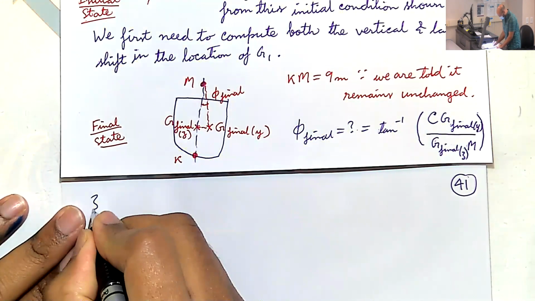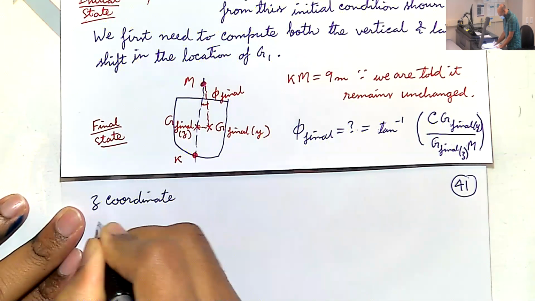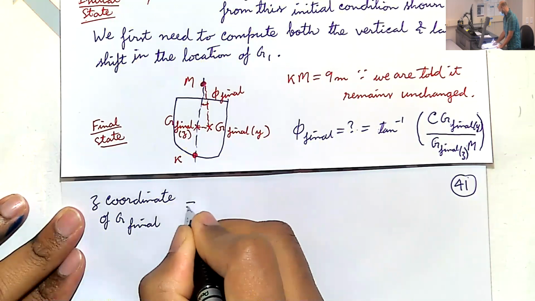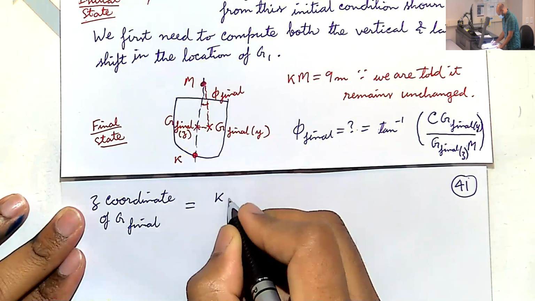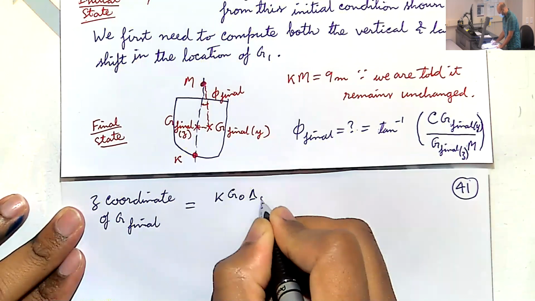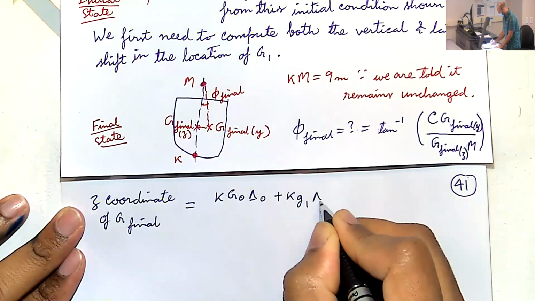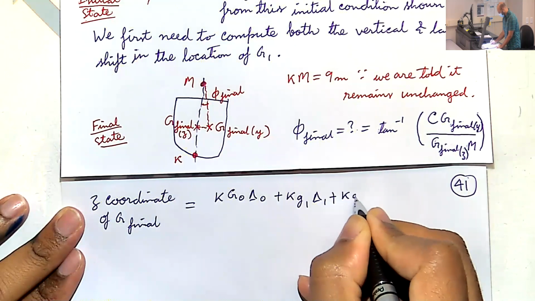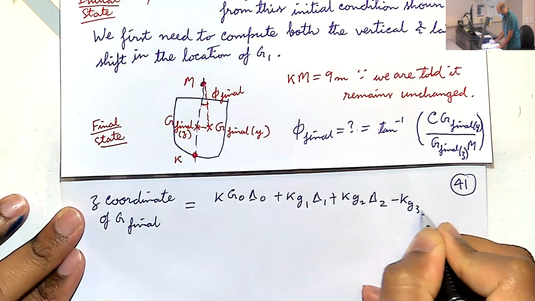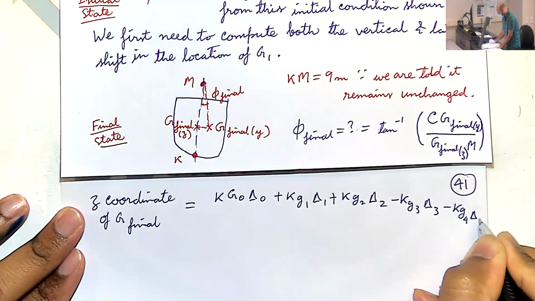So the Z coordinate of G final is KG0 delta 0 plus KG1 delta 1 plus KG2 delta 2 minus KG3 delta 3 minus KG4 delta 4.